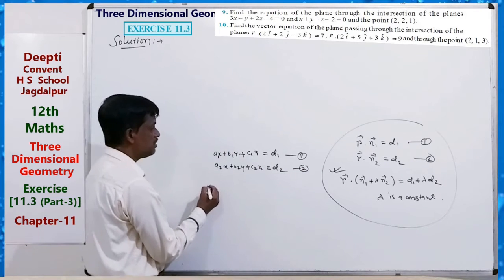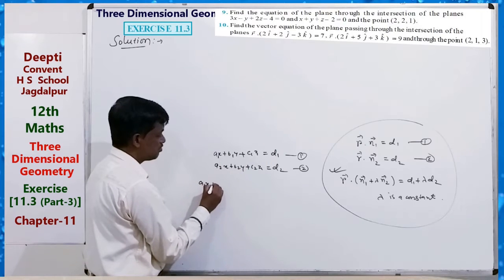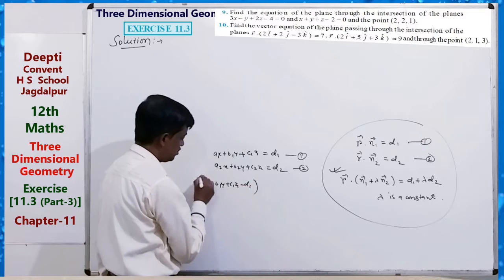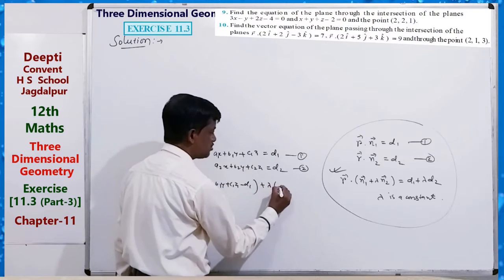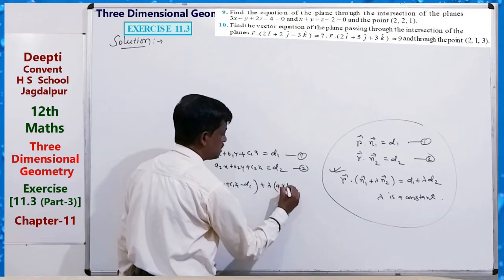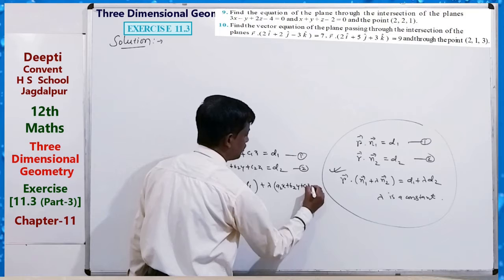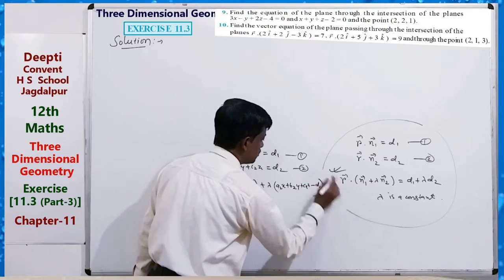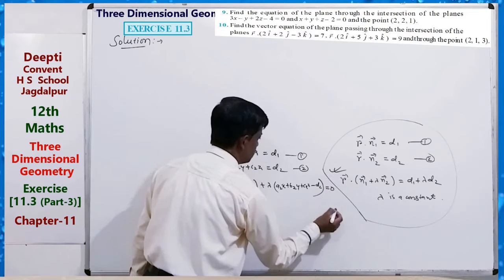The intersecting plane we can write how? Just take everything on the left-hand side: a1x plus b1y plus c1z minus d1, plus lambda into a2x plus b2y plus c2z minus d2, equals 0.